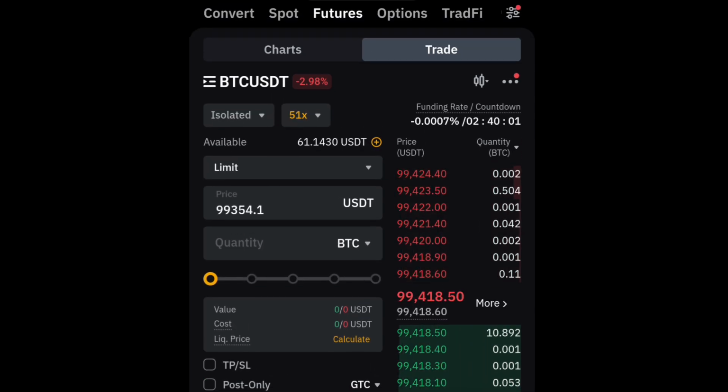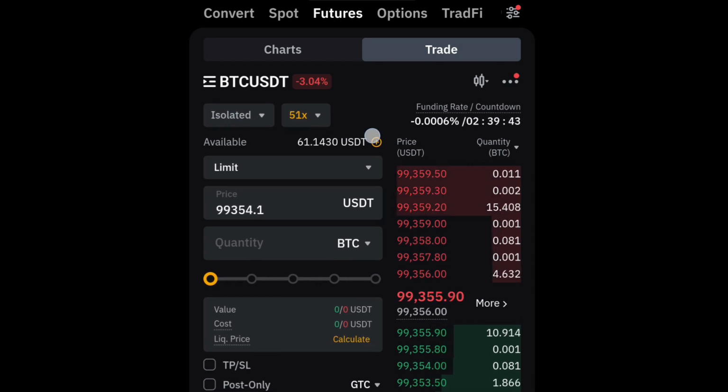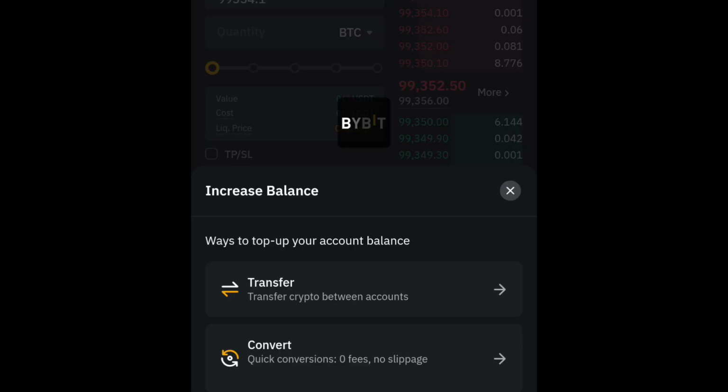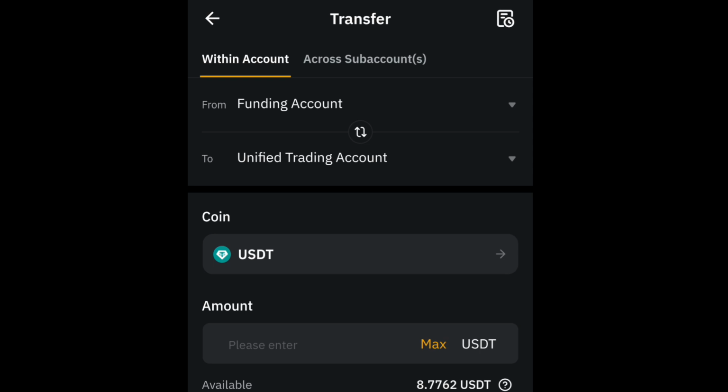So the first step we'll be taking right now is to add funds into your future account. If you deposit directly from another exchange, or you buy from Bybit, yours will be at spot or funding, so you have to transfer it here. All you have to do is to click here where you see plus, and click on transfer. Make sure this up here is funding and this other one is trading account.